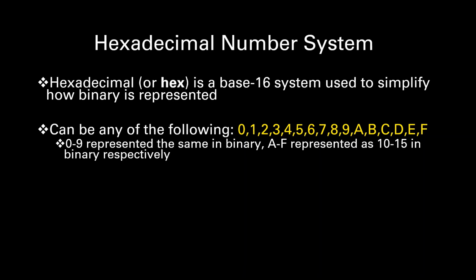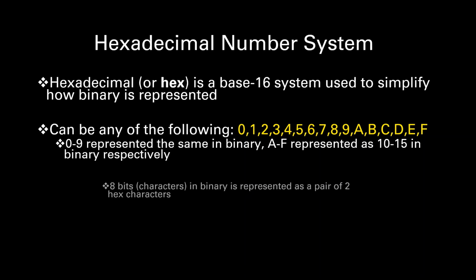There's a reason why it's 15: in 4 bits of binary, you can only have a maximum value of 15. So you can only have 1 plus 2 plus 4 plus 8, which equals 15.